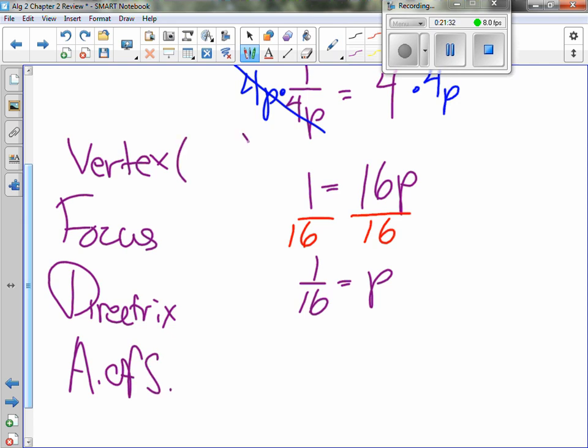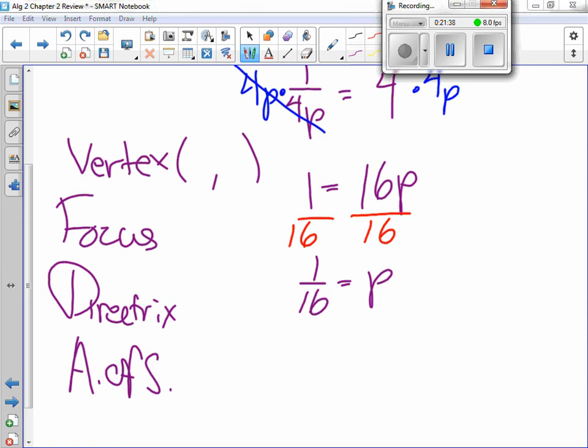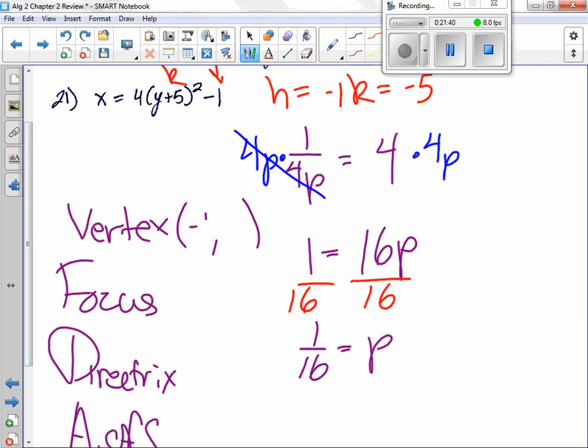Now the vertex is h comma k. Okay, so the vertex is h comma k. Well, the value of h was what? -1, and the value of k is -5. So we plug in h and k. The focus for this here would be h plus p comma k.